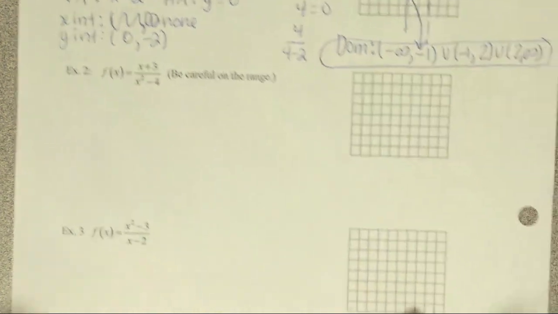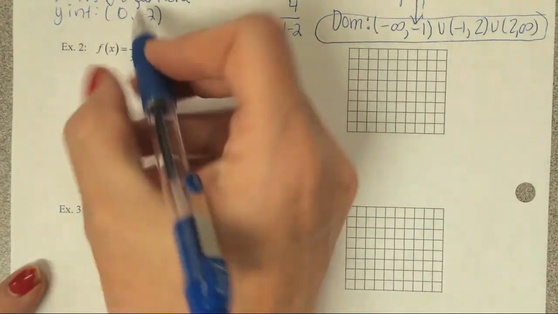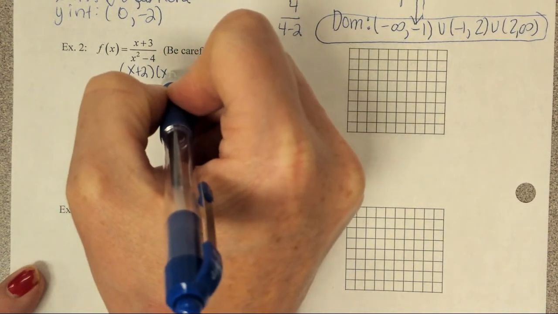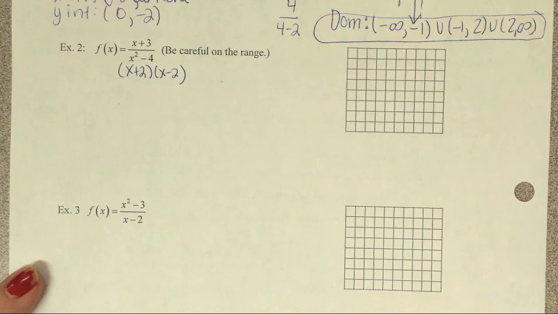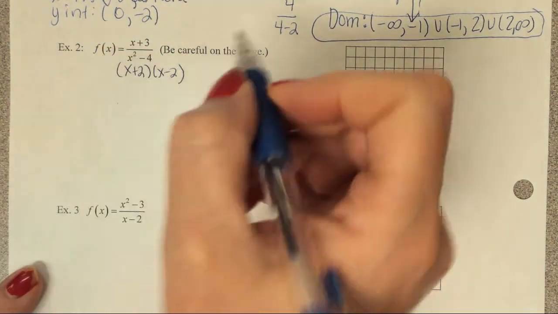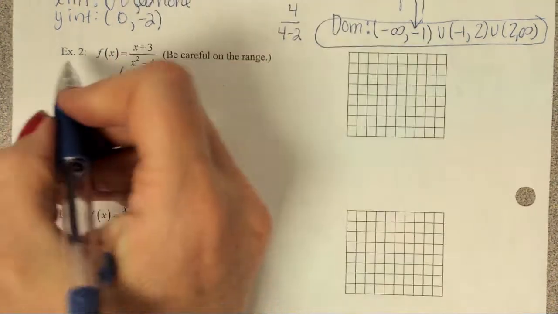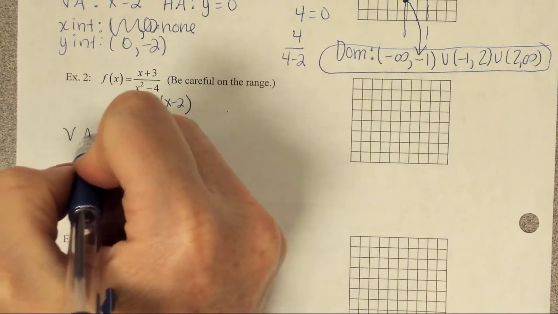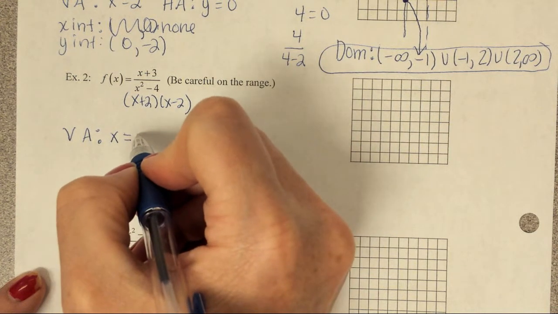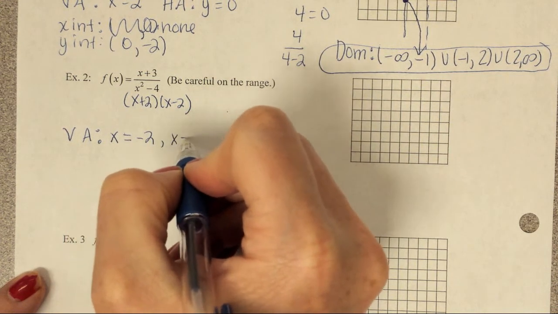All right, let's go down to the next one. First thing we want to do is factor that denominator. Okay, so let's go ahead. Do we have any holes in the graph? No. Vertical asymptote? Everybody should be able to give it to me. What is it? Yep.